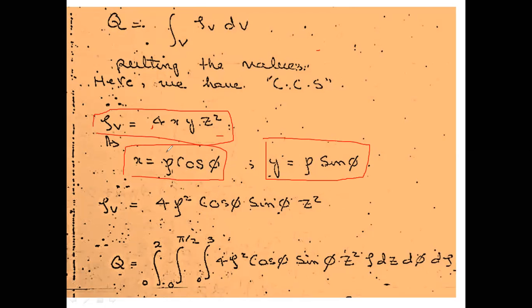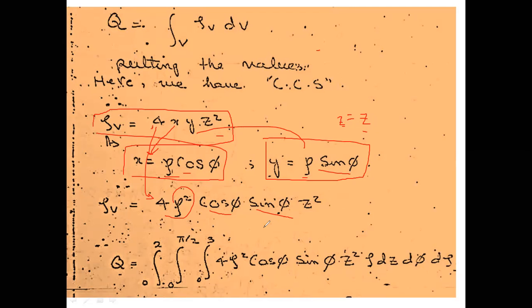Replacing x and y, we have rho and rho, so rho square, the 4 is already present there, and cos phi for the x and sin phi for the y. And z is equal to z, so there is nothing to convert for the z; it will remain as z.